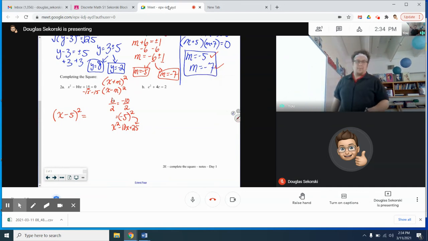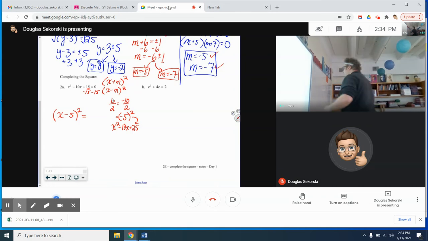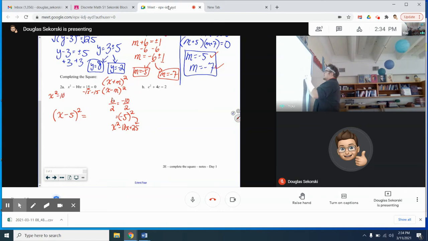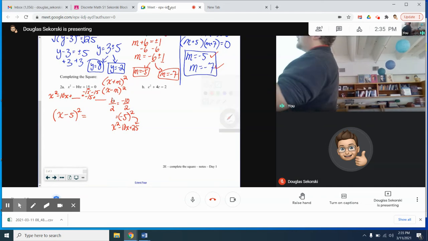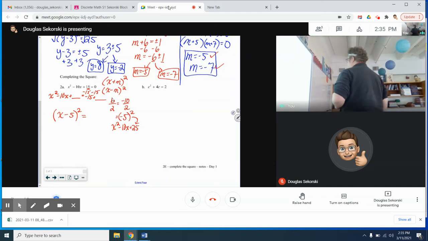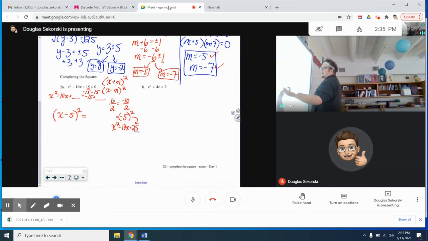So that's really what's happening here. Okay, so I subtracted 15 from both sides, and now I'm going to write this as x squared minus 10x plus a blank equals a negative 15 plus a blank. And I do encourage you to write those blanks in, because if you realize the negative 5 squared is 25, now we're just going to add 25 to both sides.